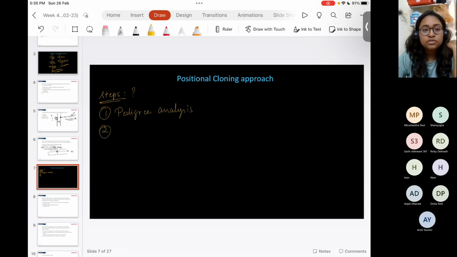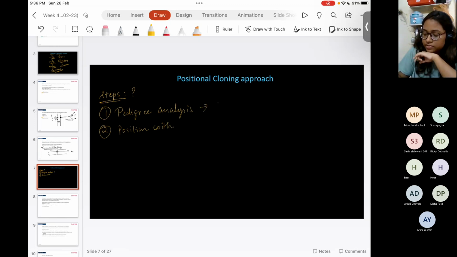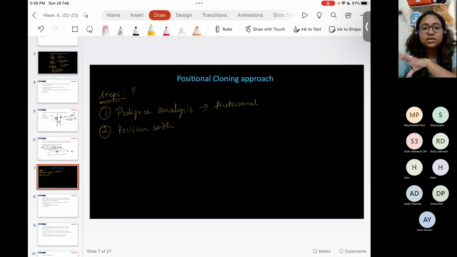your next task will be to identify the position within the genome. Say from the first analysis you identified that the disorder is of autosomal type. That means it could be present in any of the 22 pairs of chromosomes. The sex chromosomes are ruled out. And say that disorder is of recessive type, meaning the mutant allele has to be present in homozygous condition, then only that disease will be present in that particular individual.